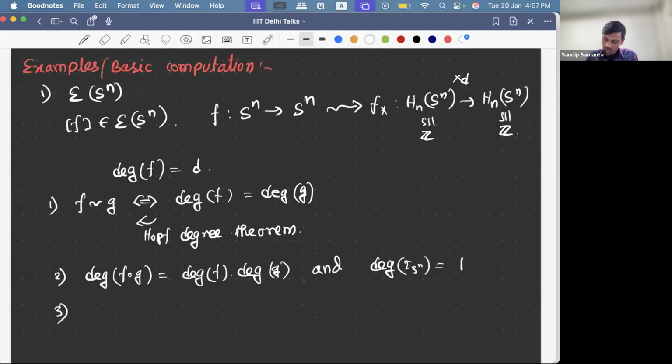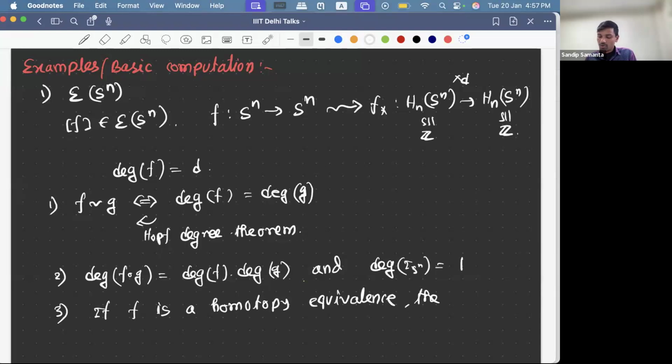Now use these two things to get that if f is a homotopy equivalence, then the degree of f is only possible to be plus or minus 1, because for f there is a g such that f compose g is homotopic to the identity.